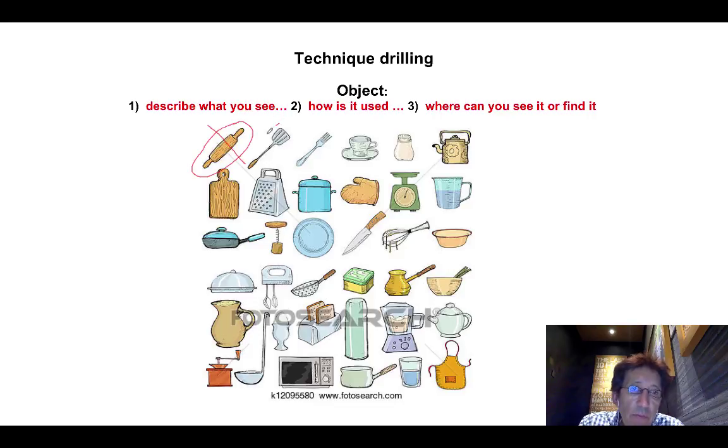Okay, go to the next one, please, number 2. Number 2, this object is made from steel, and we usually use it in the kitchen when we have to fry some vegetable.